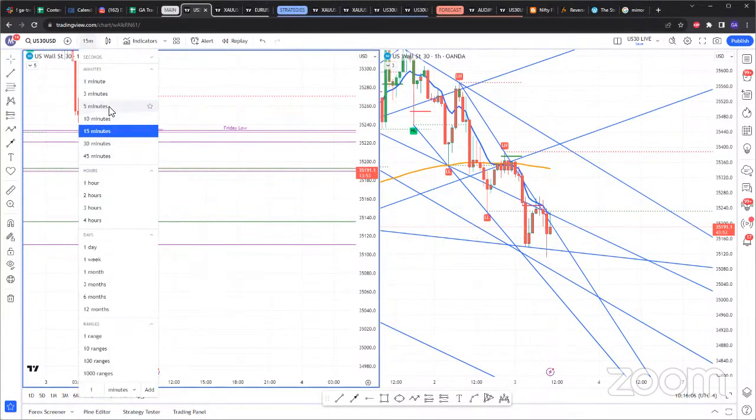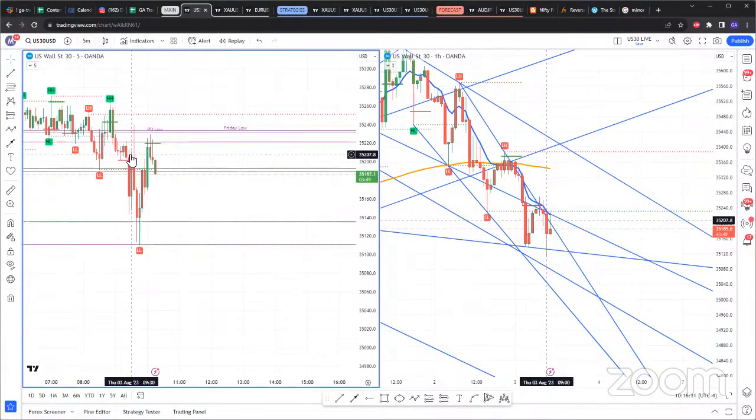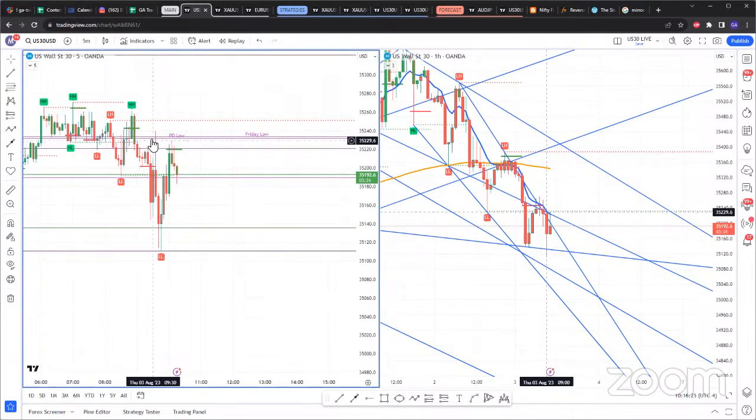So here on the 5-minute time frame, I think there was one at 9:15 somewhere. Yeah, 9:15. Yeah, this sell right here. That was the previous parabolic sell zone. So here you had this retest because I was waiting for a retest of that area.